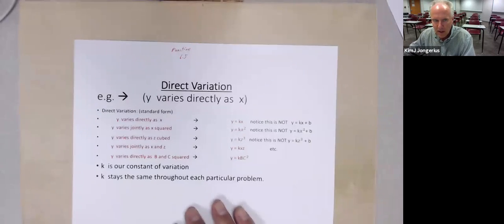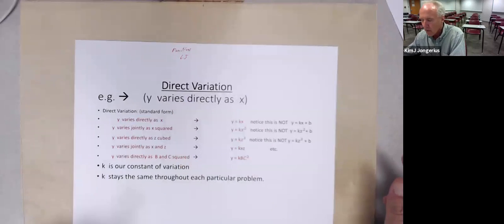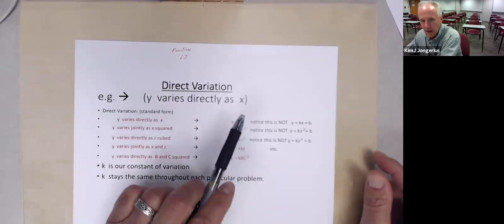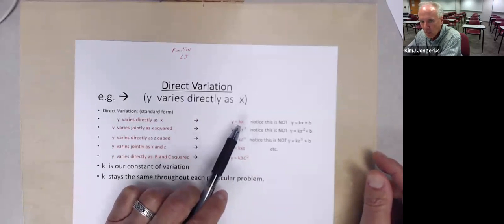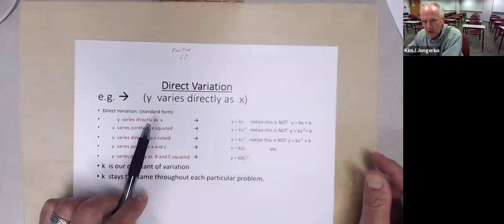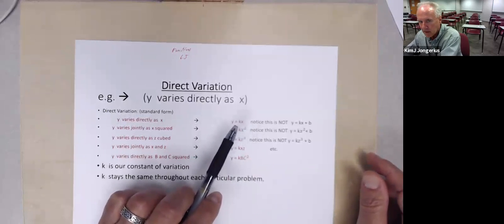In section 6.5, we've already covered direct variation. If you remember with direct variation, it was always k times whatever variable was varying directly. For example, y varying directly with x meant y equals k times x.